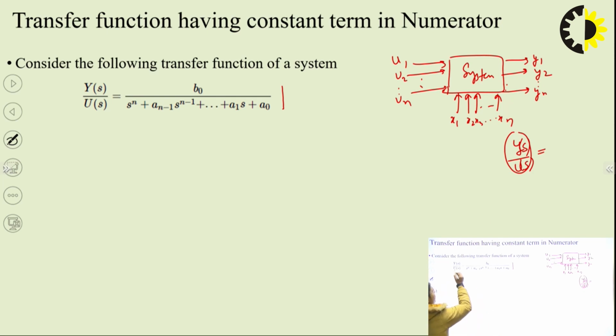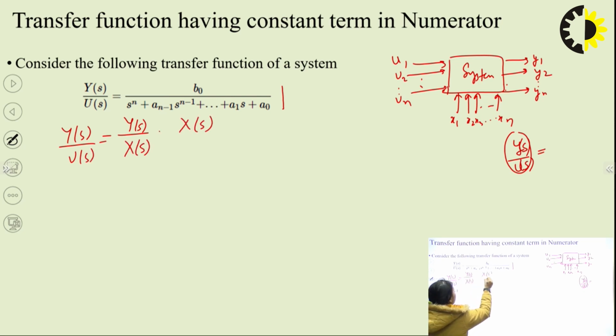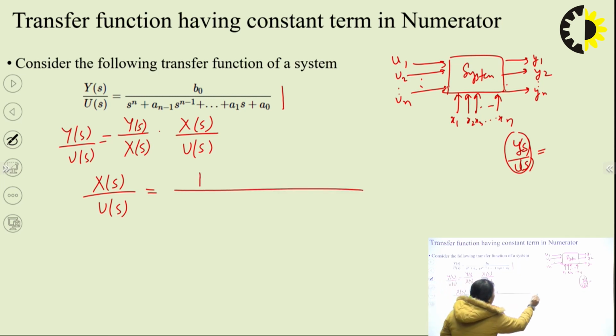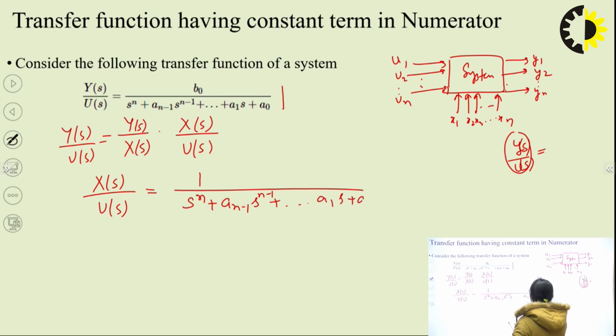Now how to obtain the state model from this equation? First of all, when Y(s) upon U(s) is given, split Y(s) upon U(s) into two terms, let's say Y(s) upon X(s) into X(s) upon U(s), right? Now take X(s) upon U(s), which will be the constant along with the denominator, that is s raised to the power n plus a n minus 1 into s raised to n minus 1 plus up to so on, till a1 s plus a naught, right?